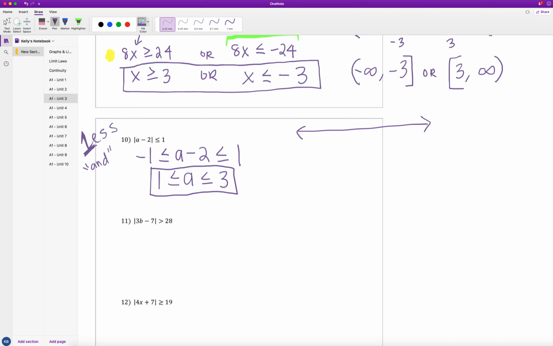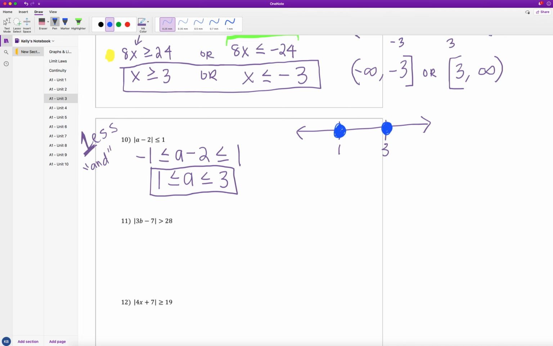The next part I'm going to do is have us graph it. So on our graph, I need 1 and 3. I need 1 and then 3, because I want to make sure I'm going smaller to bigger. Both of these will be closed circles since I have my equals to bar. So let me fill those in all the way.